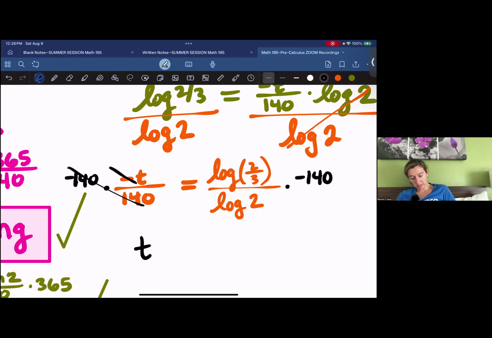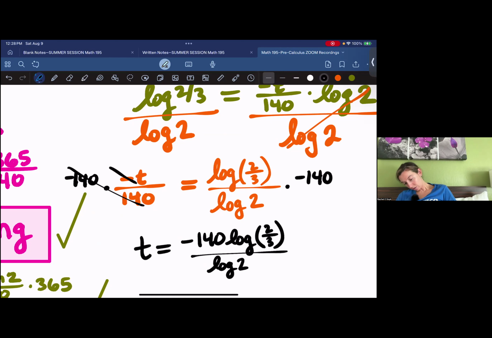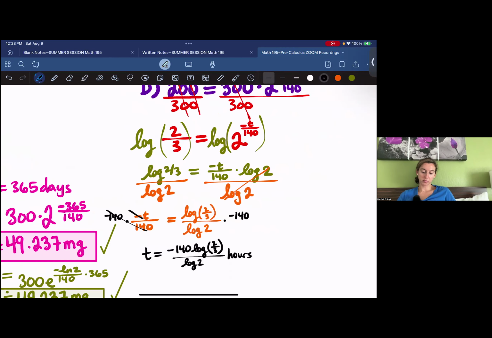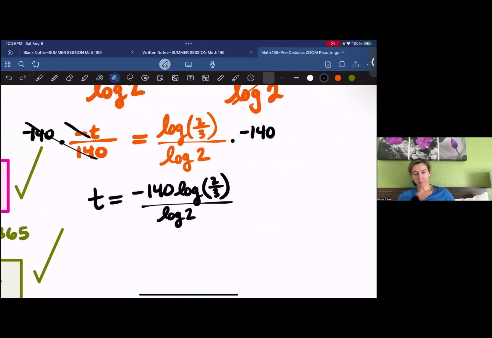So we get t is equal to negative 140 log of 2/3, all divided by log of 2 days. Make sure we have the proper units.